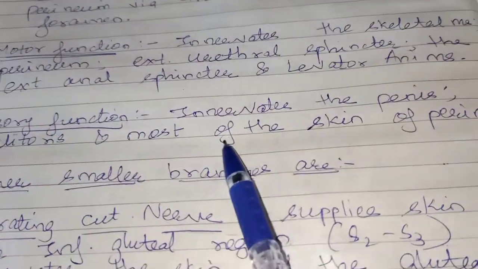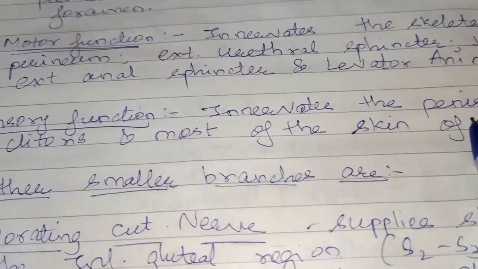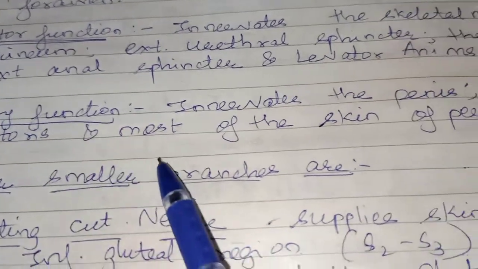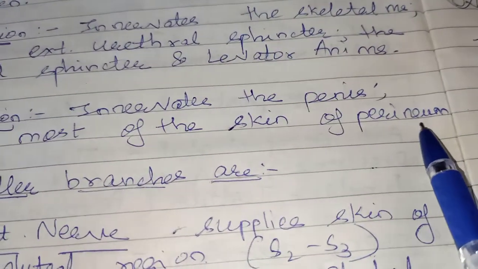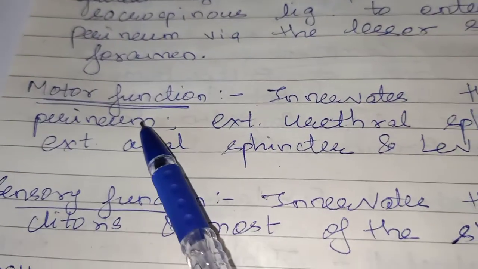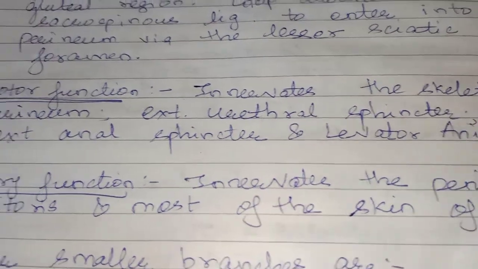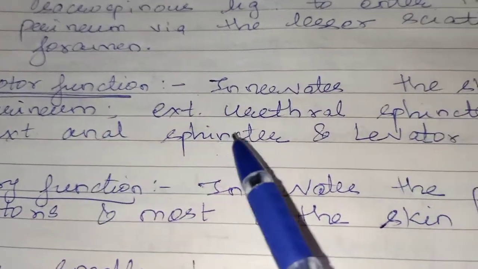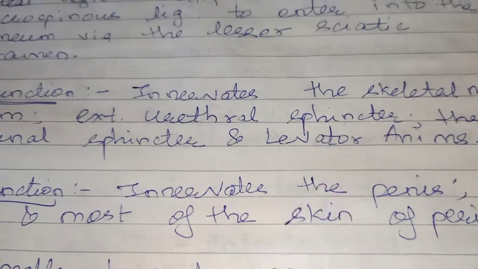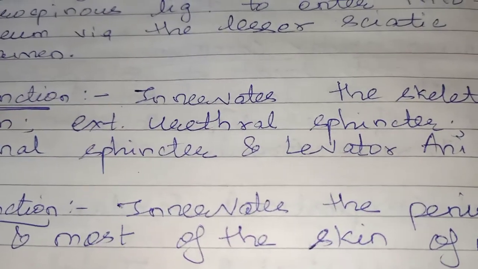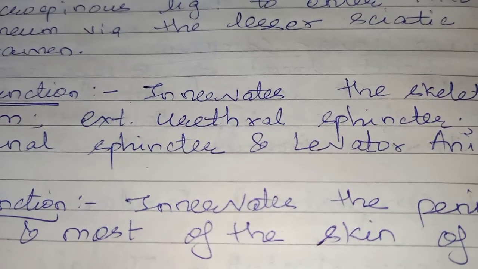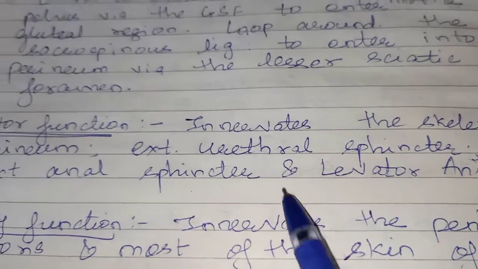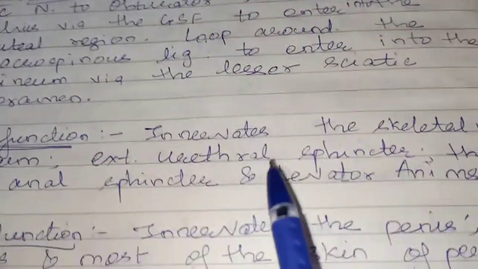The motor function is that it innervates the skeletal muscles of the perineum. The external urethral sphincter relaxes and contracts, and that is provided by the pudendal nerve.